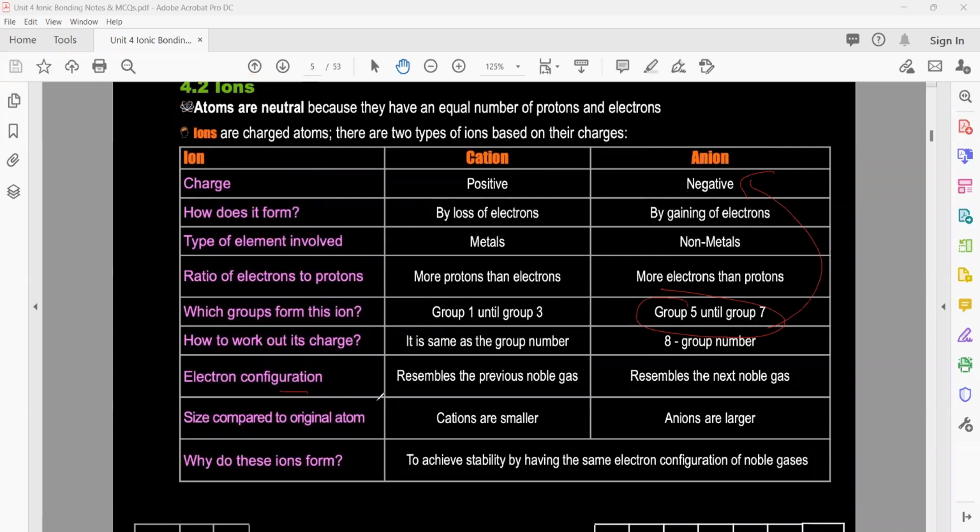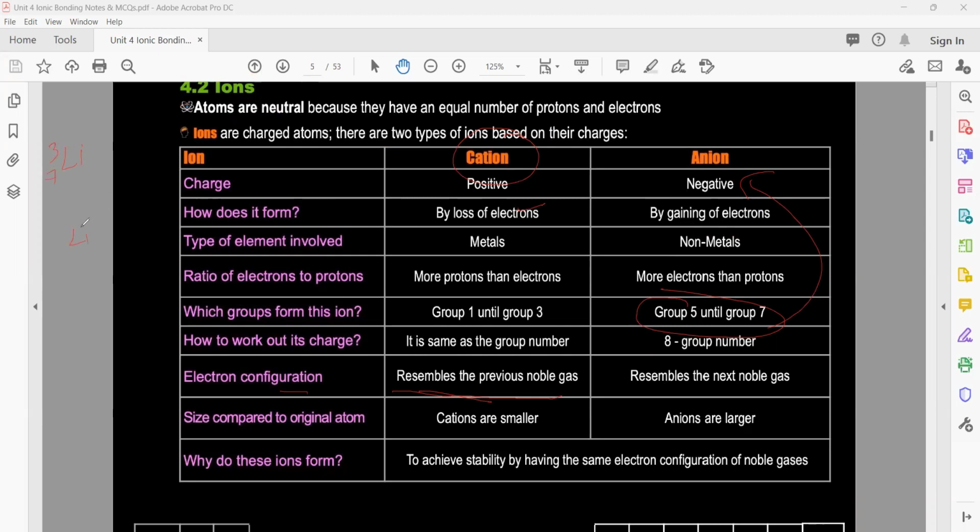Their electronic configuration resembles the previous noble gases. So it is like a noble gas. When an element loses an electron and makes a cation, it becomes like a noble gas, because the last shell becomes complete. For example, if you see lithium, and try to understand this one, you have lithium, 3, 7.